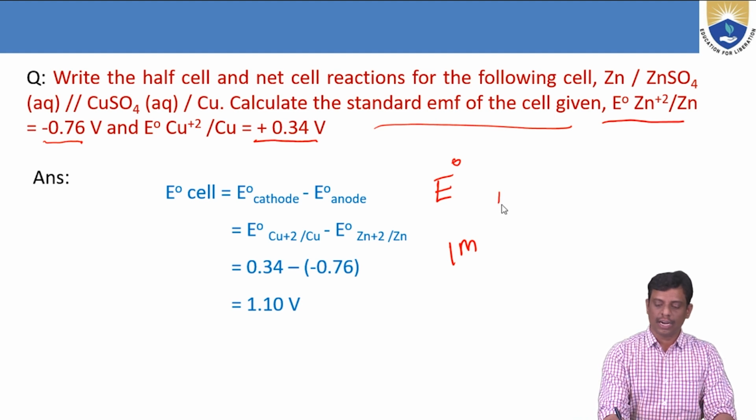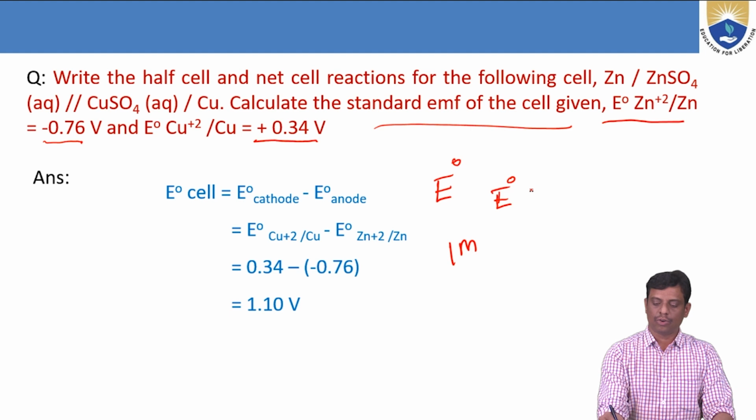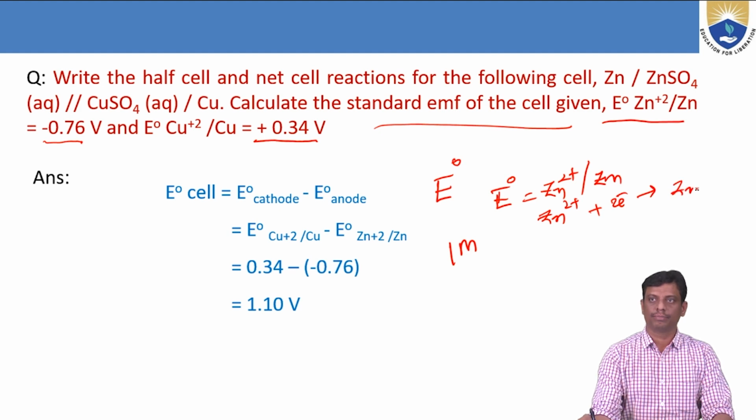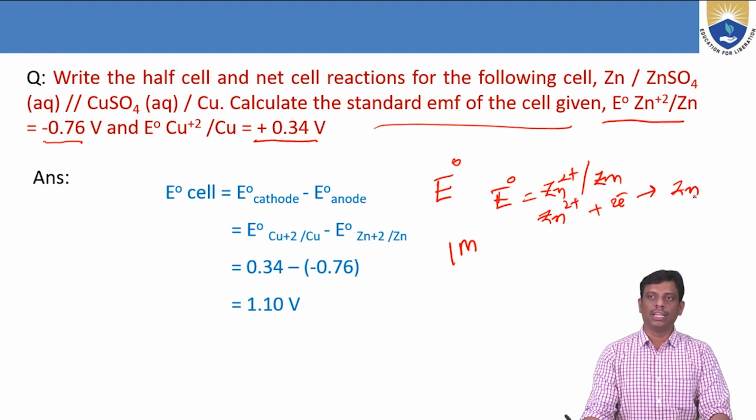So the standard electrode potential value E naught of Zn2+ and Zn means the Zn2+ gains electrons to convert to zinc. Due to the gain of electrons, the potential is generated.